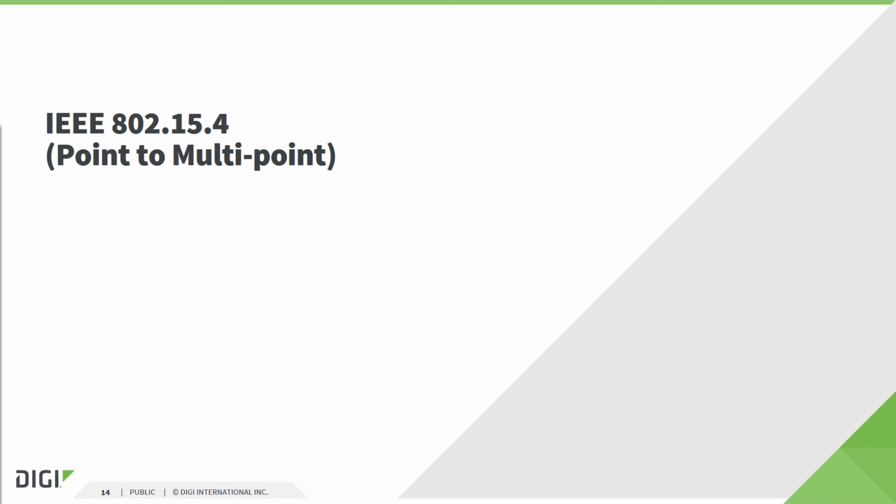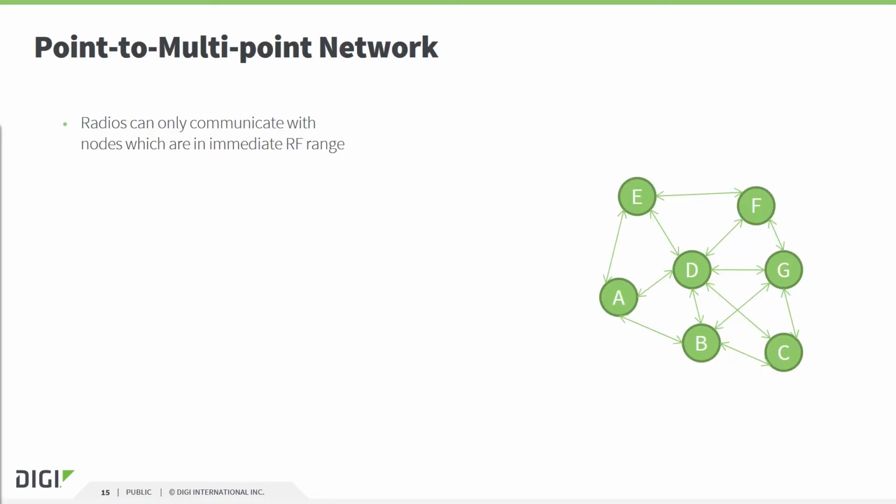Now let's talk about protocols, and I will start with 802.15.4, which defines point-to-point and point-to-multipoint communication. The idea with this protocol is that the radios can only talk with the nodes directly connected to you, or in the RF world, the nodes which I can reach directly with my signal.